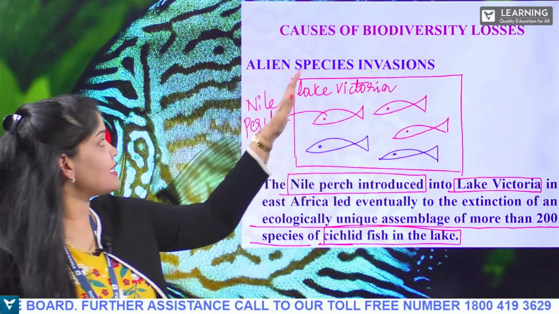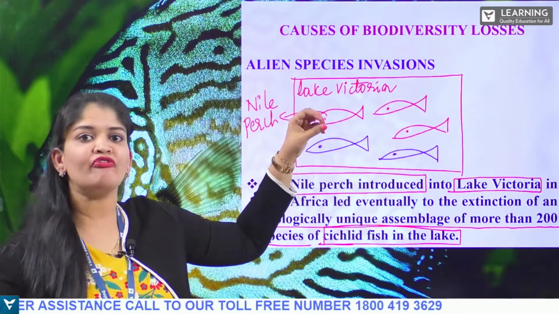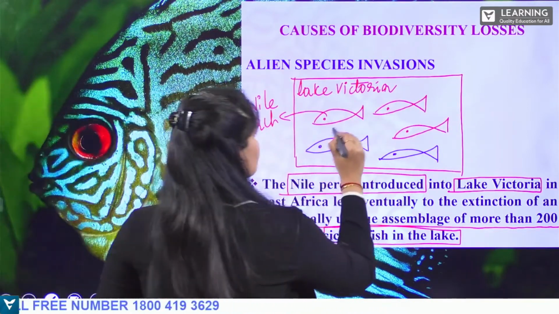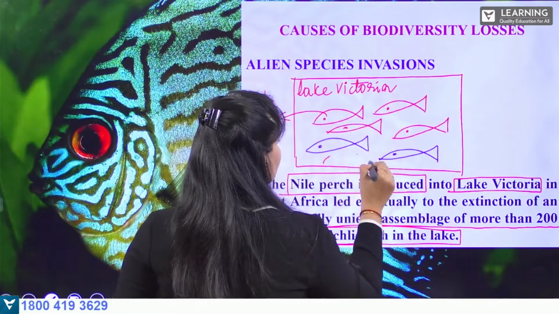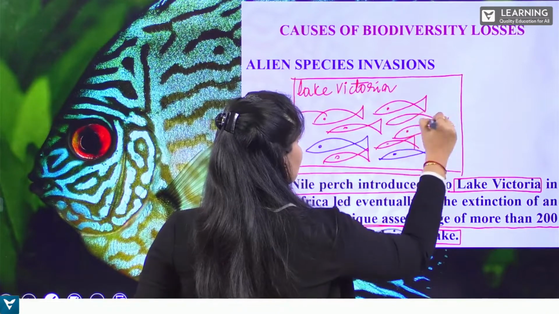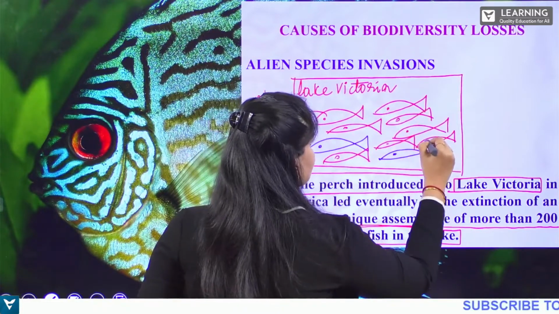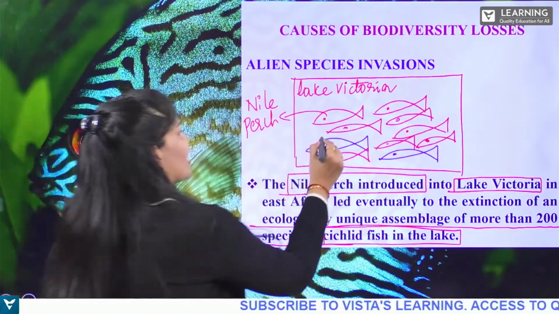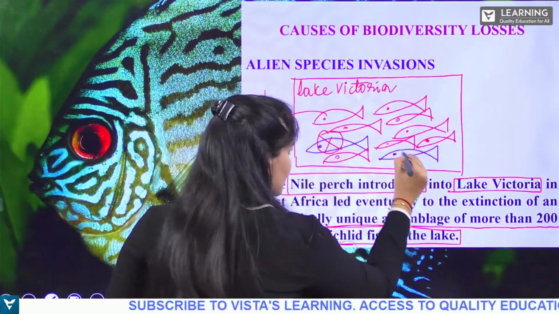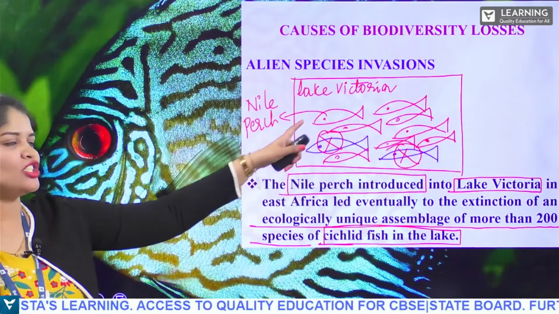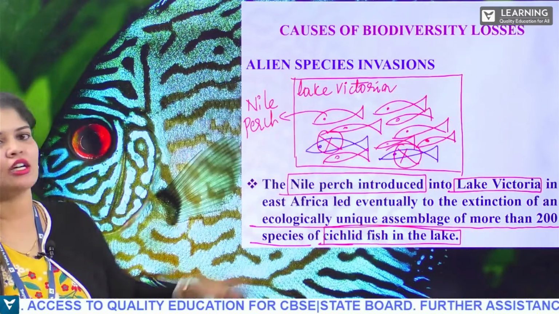Now, as these Nile perches are invasive, they start growing in number. They start increasing their offspring's number, which finally leads to the decrease or complete extinction of the indigenous species of Lake Victoria.